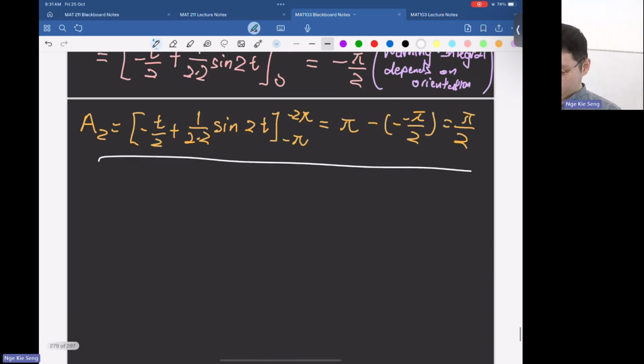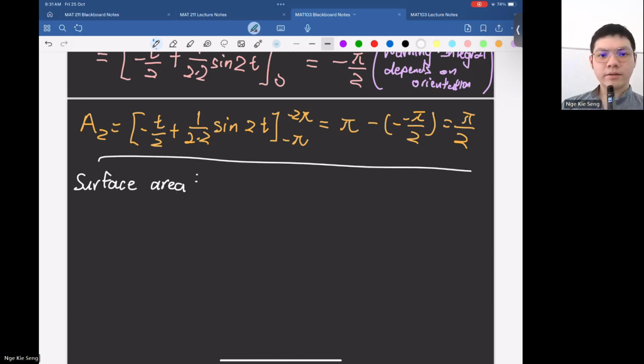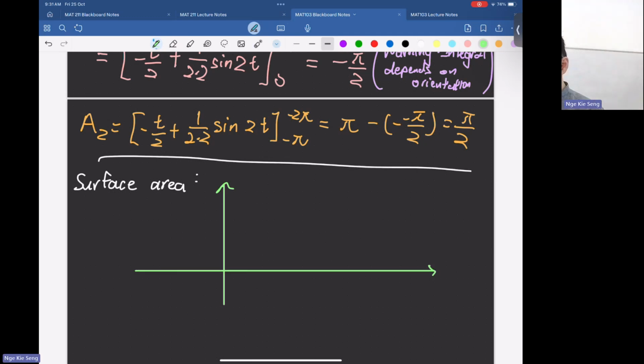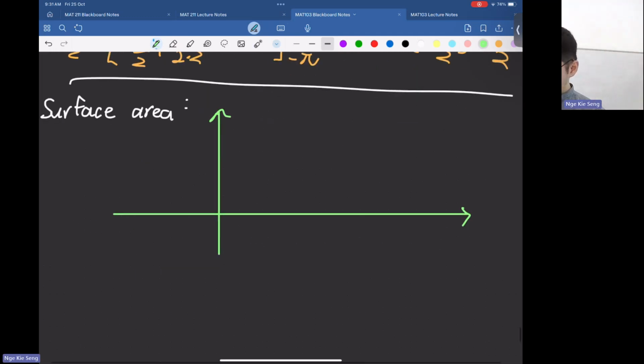Right, so we have a surface area. So what's surface area here? Imagine you have an XY plane. You can take a piece of curve and then you revolve it around this x-axis. I think you know this construction from before, right?